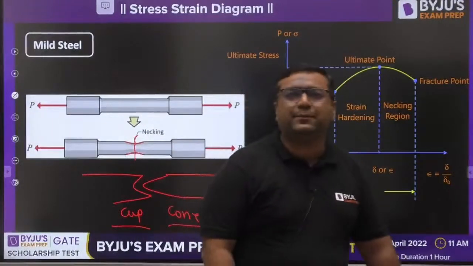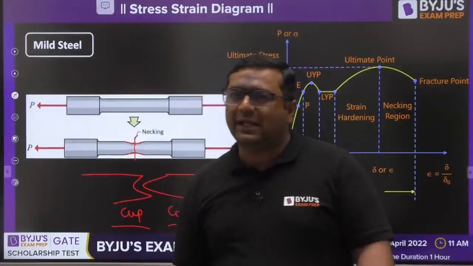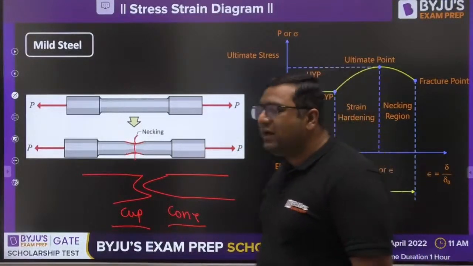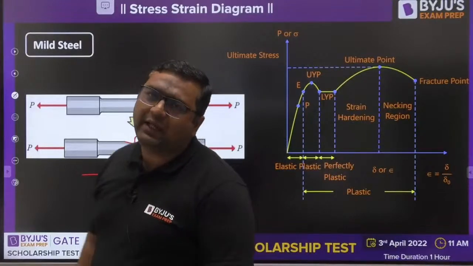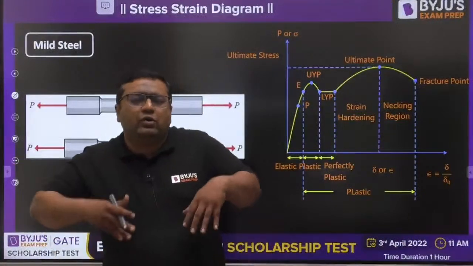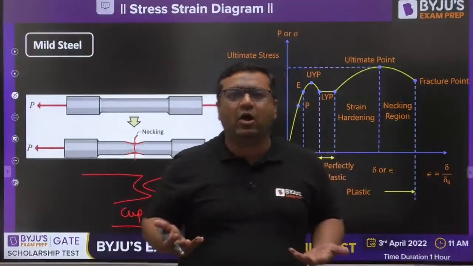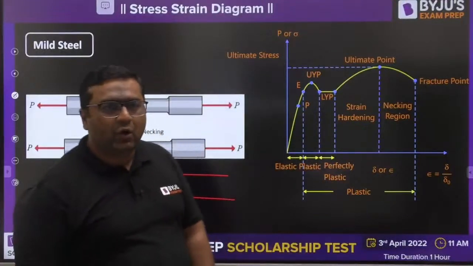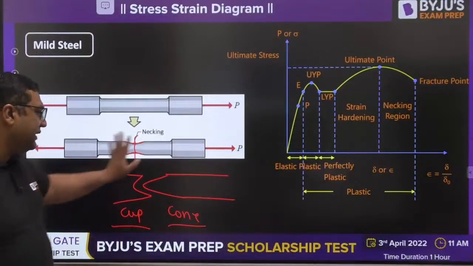We will see it in the principal stresses topic, when I tell you that failure happens at the planes where the angle made is 45 degrees. The reason behind that is ductile materials are weak in shear. So if you got this point, it's fine. If you did not, don't worry, we will discuss it at the time of principal stresses. So those students who know, I have given the idea.